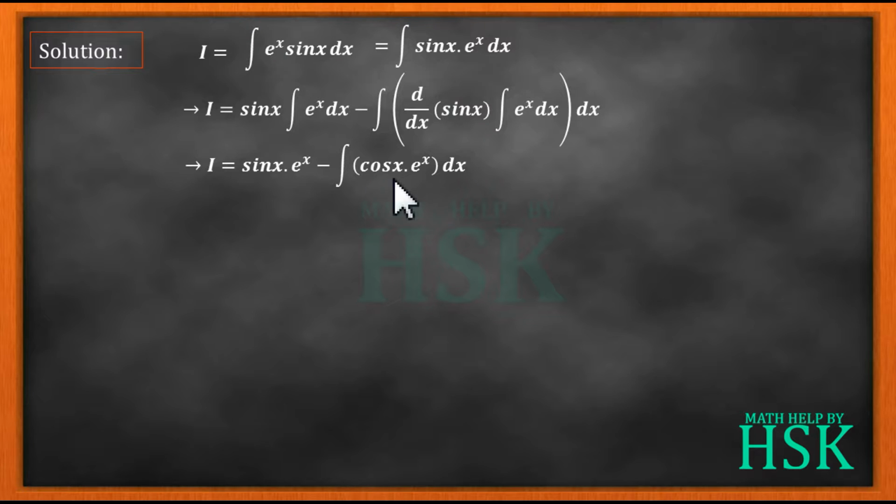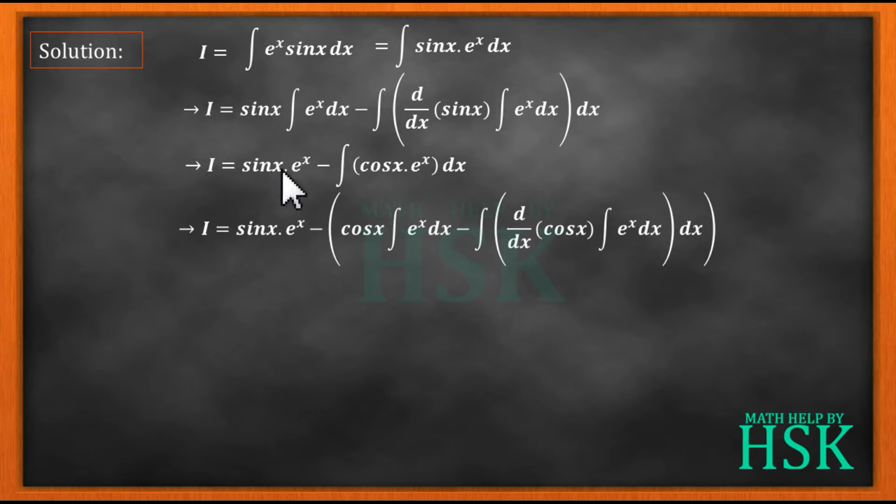Now again, it is in the form of product of two functions, so I'm going to apply again the formula of integration by parts. I keep this term as it is. Now this would be equal to cos x into integration of e to the power of x, that is first function into integration of second function, minus the product of differentiation of first function and integration of second function. Differentiation of cos x would be equal to minus sin x, integration of e to the power of x would be e to the power of x.